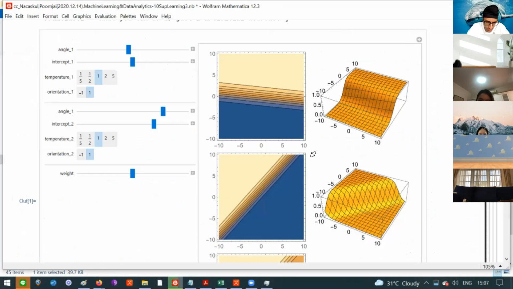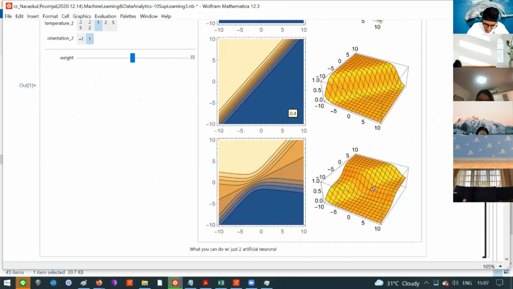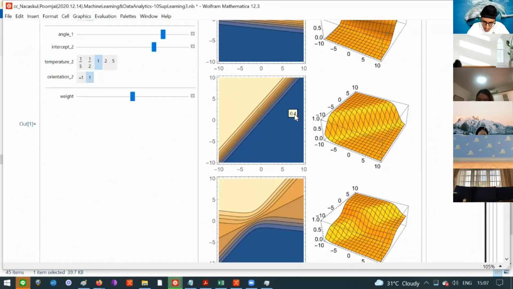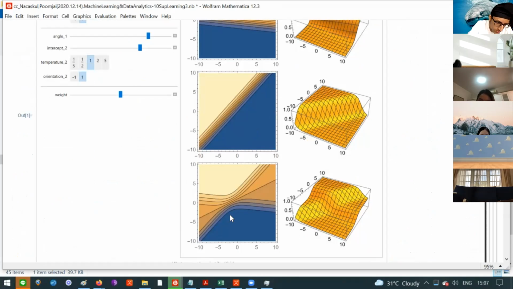Okay, so if I have just two, by adding them together, I already get this function. Okay, that's the essence. So already I'm getting some kind of curvature, right? I'm getting some kind of curvature.